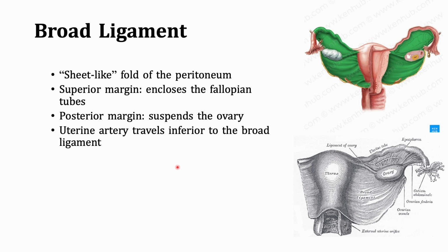The superior margin encloses the fallopian tubes, so we see the fallopian tube covered in green. The posterior margin suspends the ovary. And the uterine artery actually travels inferior to the broad ligament. We'll go over this many, many times.